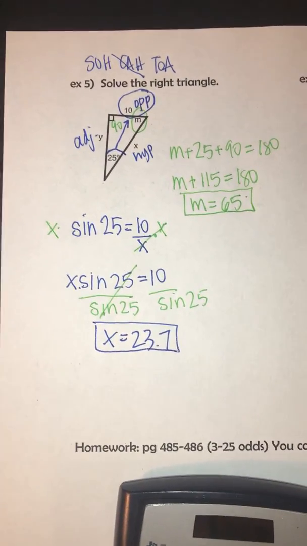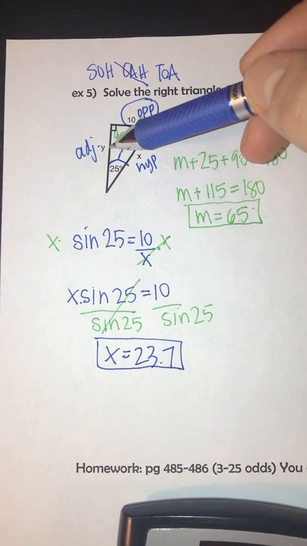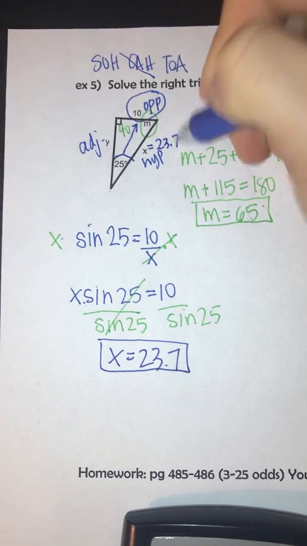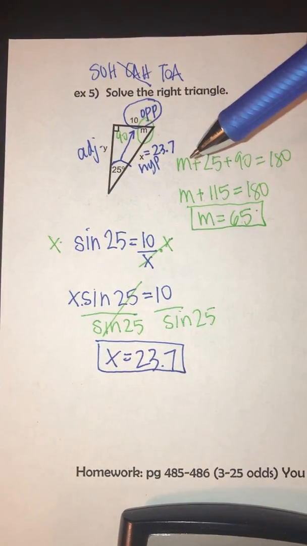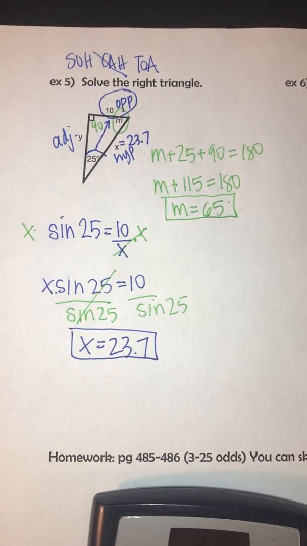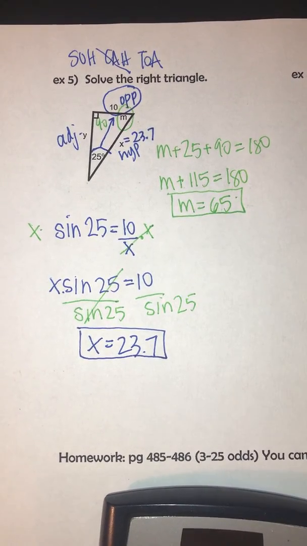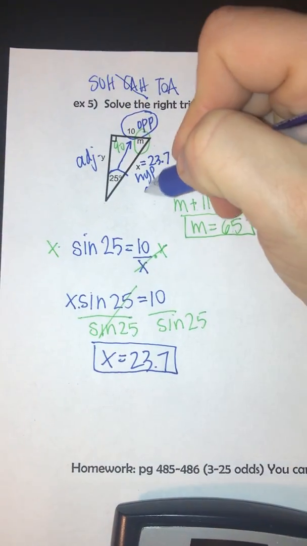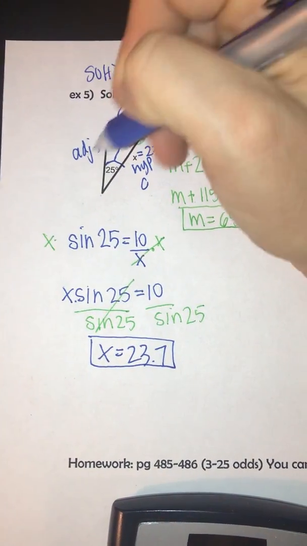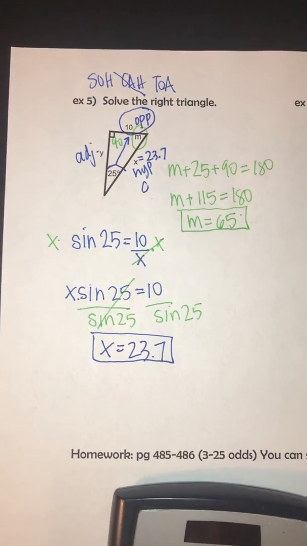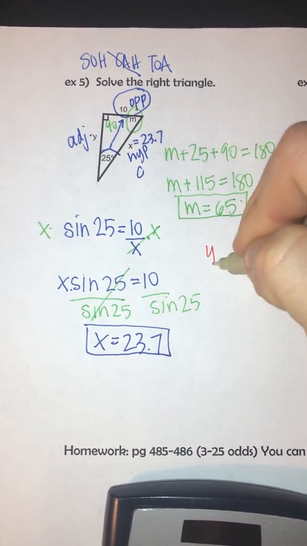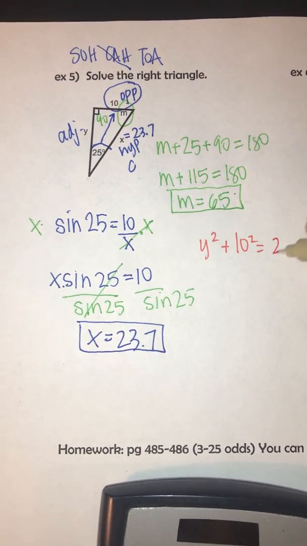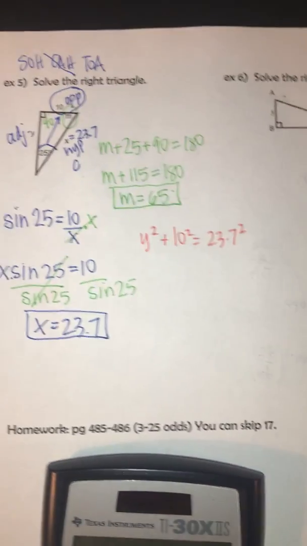Now that I know that, I still need to go back and find side y. So this is 23.7. Now I could use another trig function, or I can use the fact that I know the Pythagorean theorem. So I can find y using Pythagorean theorem, where this is my hypotenuse, which is c, and I have a and b here. So I can do y squared plus 10 squared equals 23.7 squared, because that's my hypotenuse.